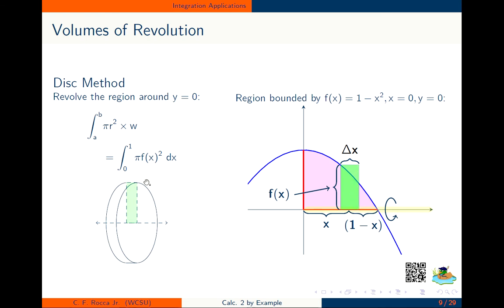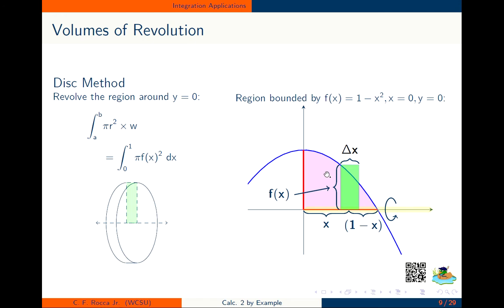What that means is that when we revolve around that axis, I'm going to get a solid disk, a solid puck. Okay? There's no hole in the middle at all. The width of the puck is always the width of the rectangle. That's my delta x. And the radius of that disk is equal to the height of the rectangle, and that's f of x.